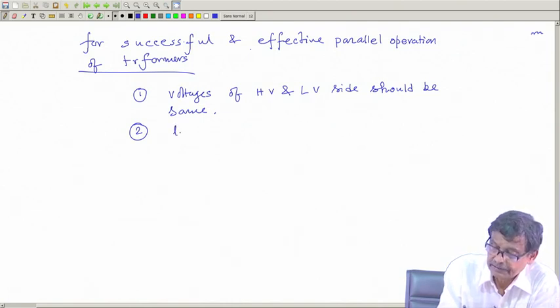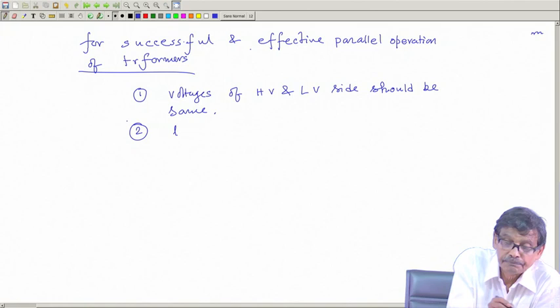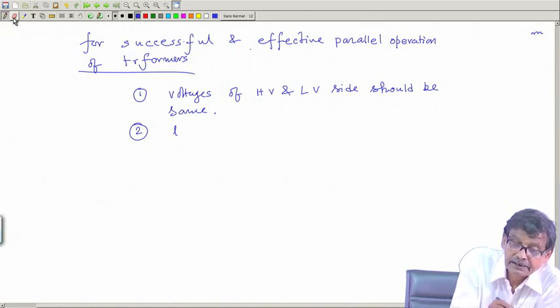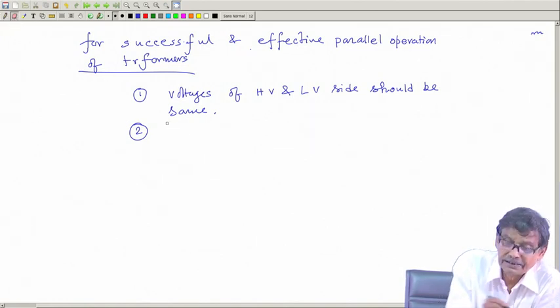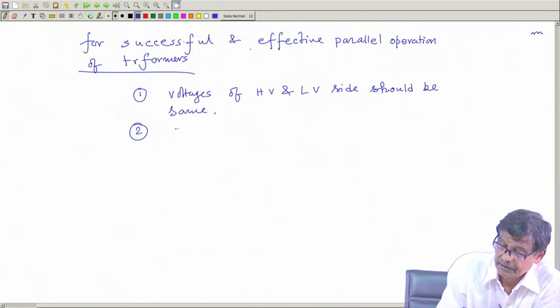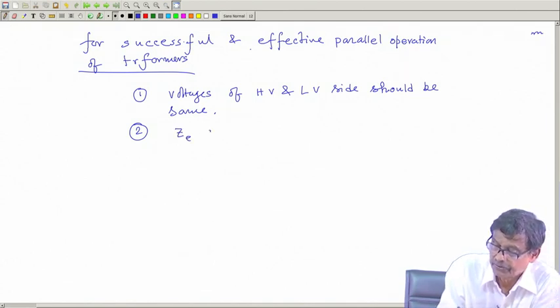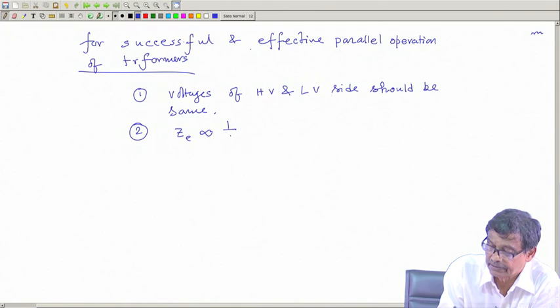leakage impedances. I am writing in short. Leakage impedance in ohms should be inversely proportional to their KVAs.